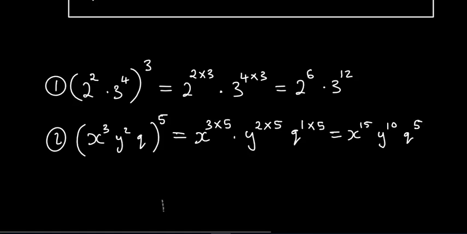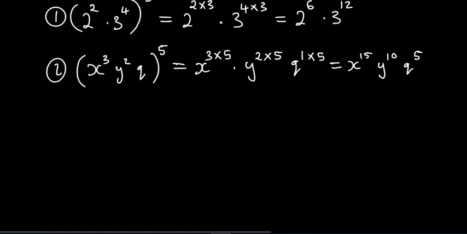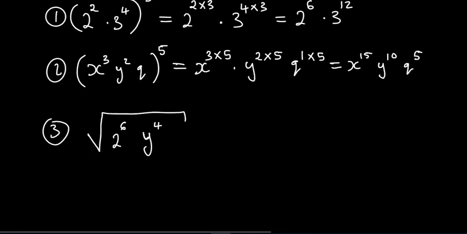And then if you've got something like this, the square root of 2 to the exponent of 6 and y to the exponent of 4. When there's no number in the root, it means the root is 2.